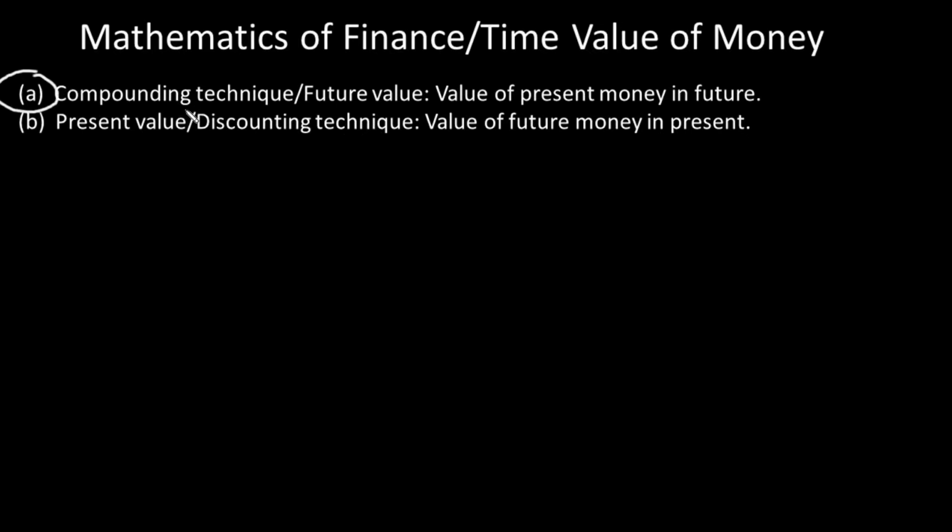Concept 1 is the compounding technique or future value, which is used to calculate the value of present money in future. The second concept is present value and the discounting technique, which is used to calculate the value of future money in present.